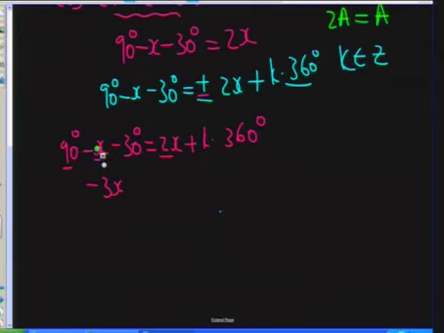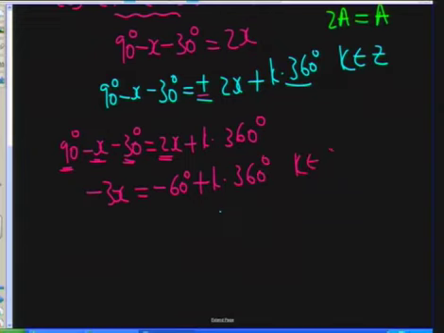Then this plus this, which is 60 degrees, is equals to minus 3x. If I add 90 and this, I get positive 60 degrees. I move the positive 60, I get minus 60 degrees plus k 360. And remember, k is an element of an integer.